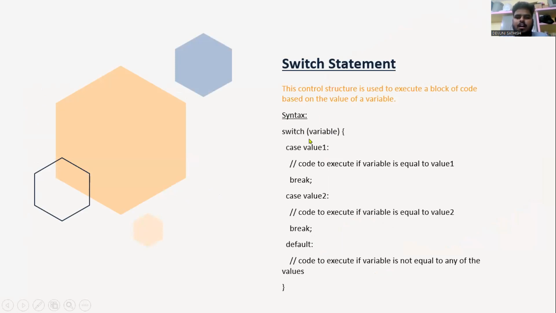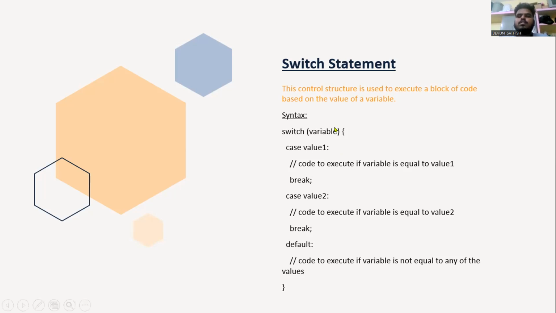Here is the switch statement syntax. I have given the variable, and for every case there will be a value that the variable is matched against. If we choose, say, value 1, then it executes the case for value 1.